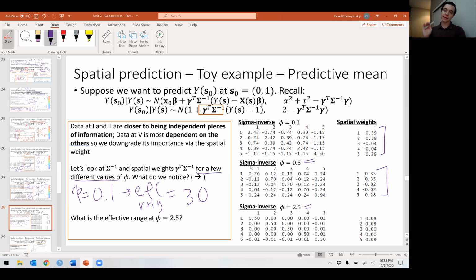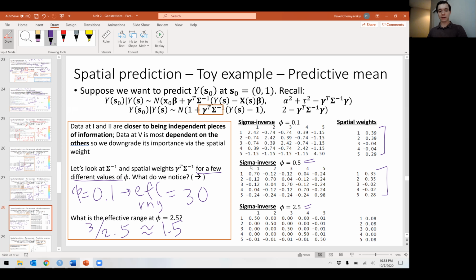This goes along with the theme that the range parameter has sort of a nebulous effect. It does have an effect, right? Because when phi is 2.5, the effective range is 3 over 2.5, you know, it's, I don't know, 1.4, 1.5-ish.